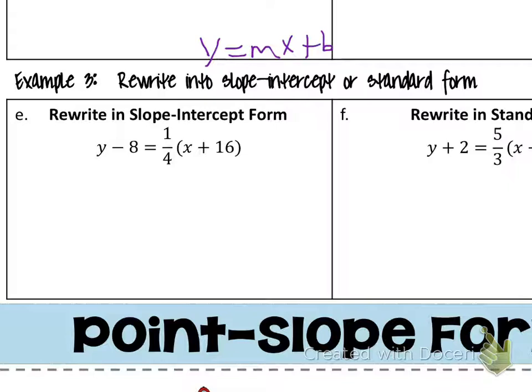So that's exactly what you're going to do. 1 over 4x is 1 over 4x. One over 4 times 16 is 4. So then I will copy the left side.